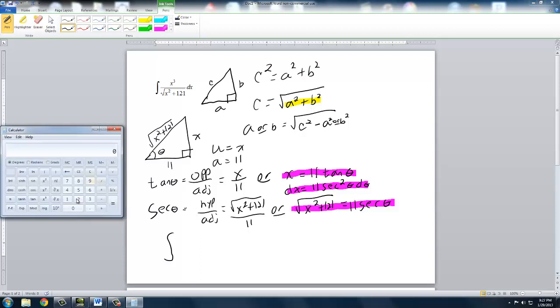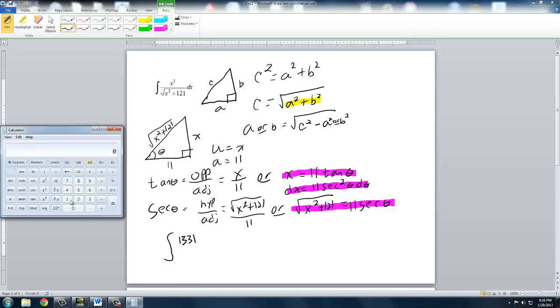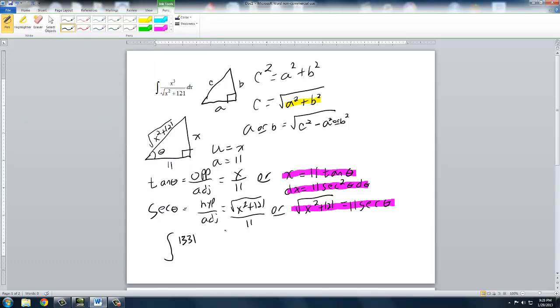Bring up my handy dandy calculator here. 11 cubed is 1,331. So this is 1,331 tangent cubed theta.